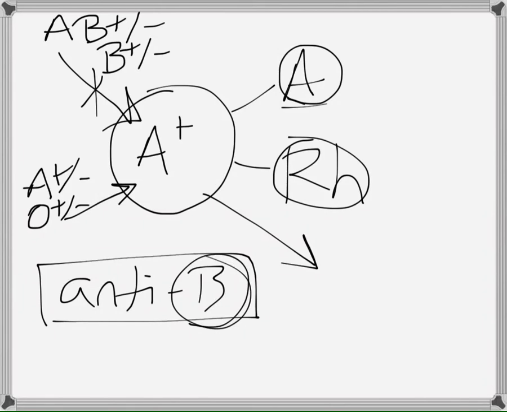A and RH. So you have to give it to individuals whose immune system is okay with receiving both A and RH. What blood types have both A and RH? A positive and AB positive. So this person could give to either of those 2 groups.